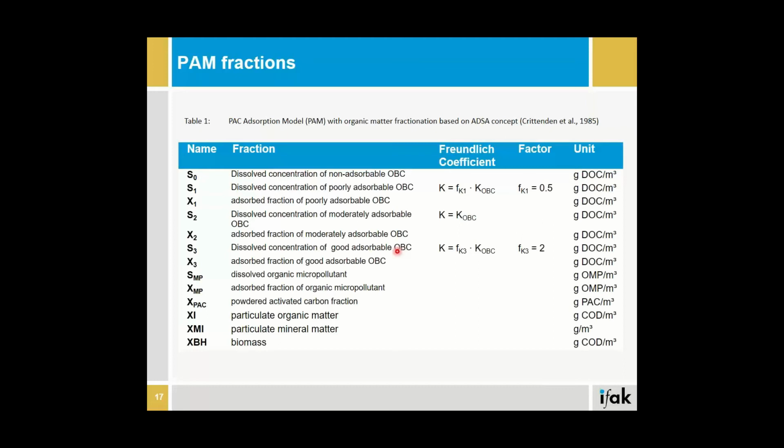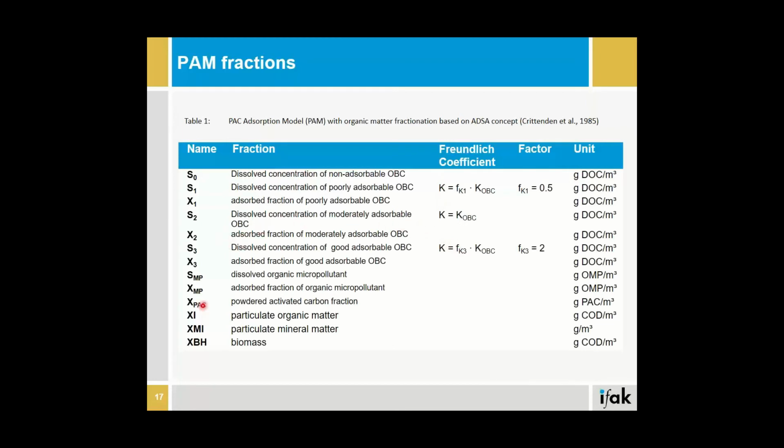For each fraction, except for S0, an X fraction, as you can see here X1, X2, and X3, represents the concentration in solid phase. So how much of this organic matter is getting adsorbed onto powdered activated carbon. These fractions have been assigned the same Freundlich exponent, equalized for the 3, and the K value was set different for each of them.